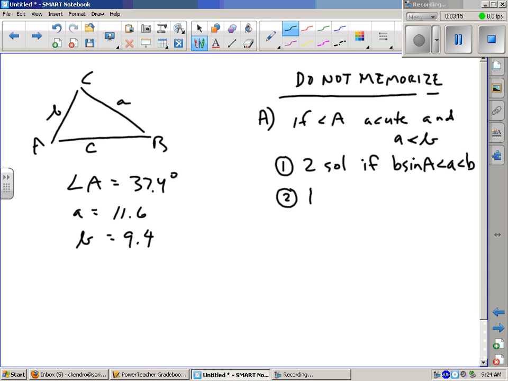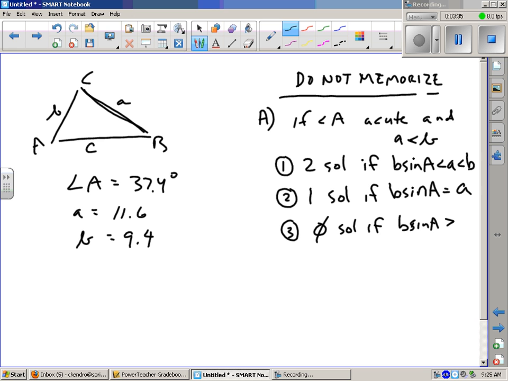Number two, you will have one solution if b sine A is equal to a, so equal to this length. And number three, you'll have no solutions if b sine A is greater than a. Okay, so that's the first scenario.